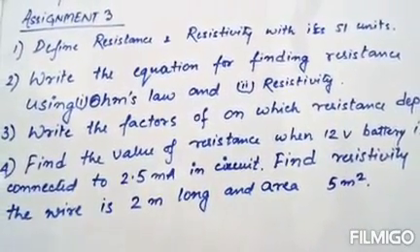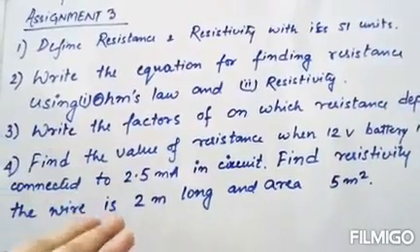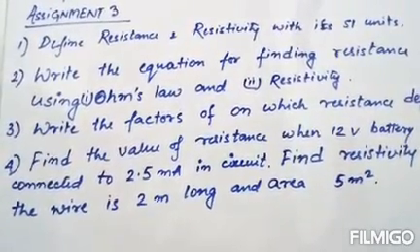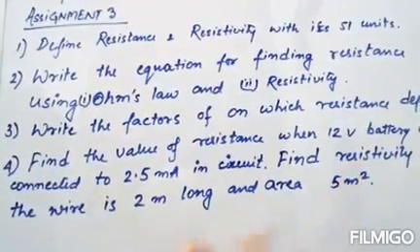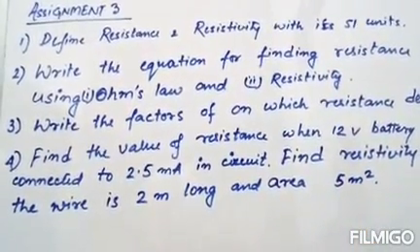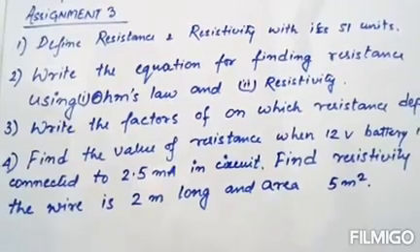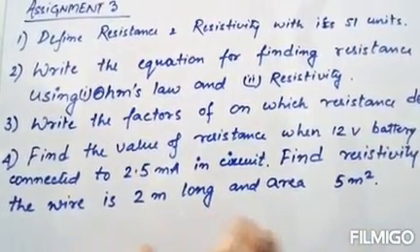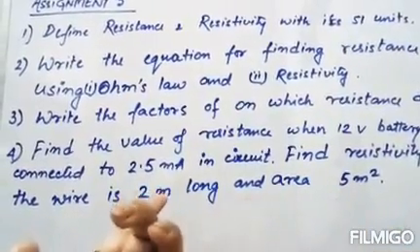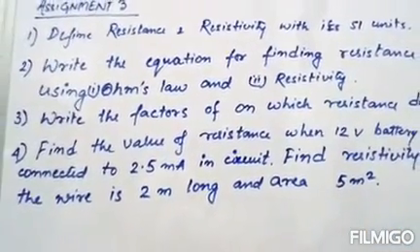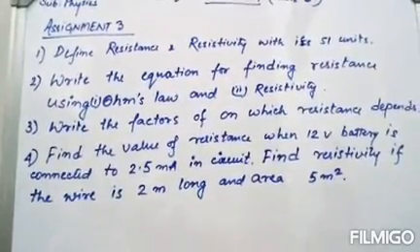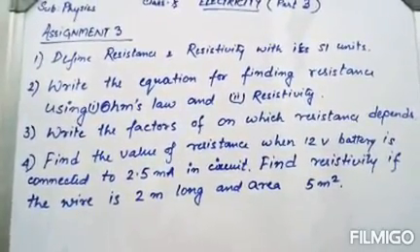So V is equal to IR. From that formula you can easily derive R. And using that R you have to find resistivity. Now what is resistivity? Resistivity is rho. Rho is equal to RA by L. And here area is given as 5 meter square and length is given as 2 meter. Using that it will be easy for you to find the resistivity also.